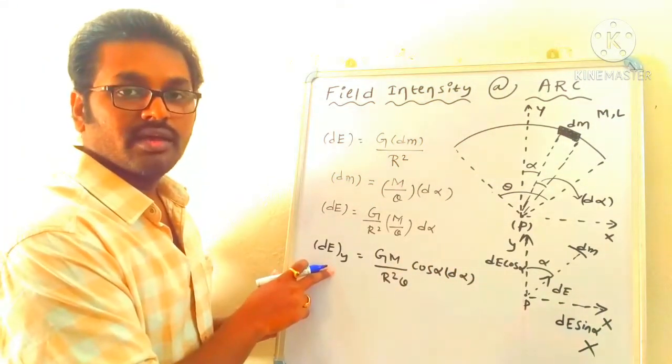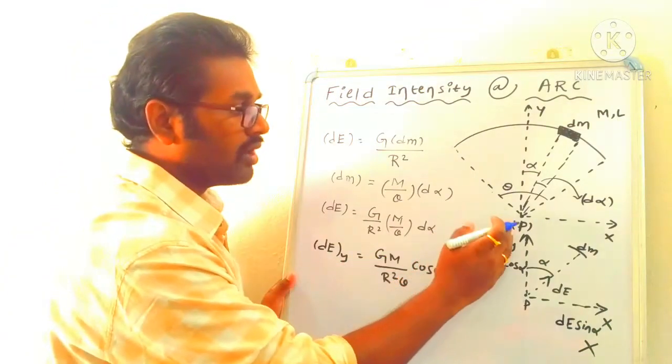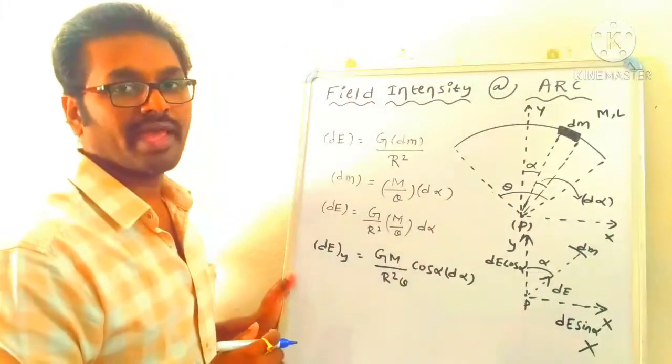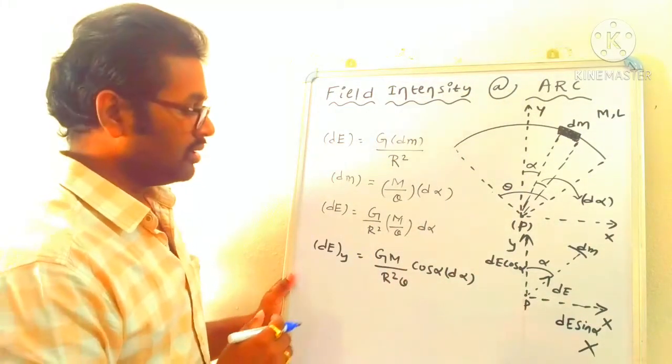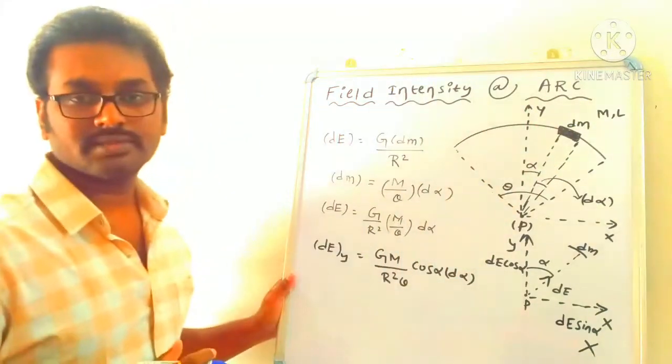So this is the gravitational field intensity at this point P along the y-axis. This is due to the one element.